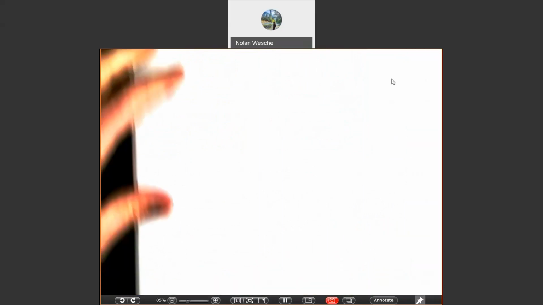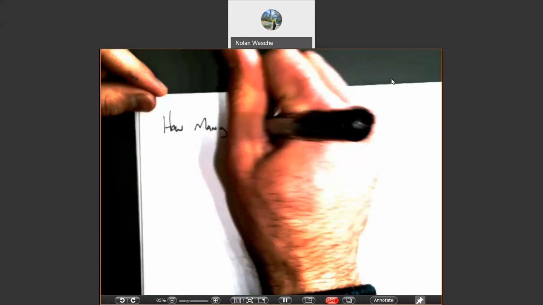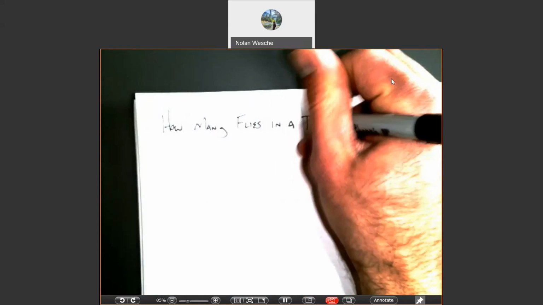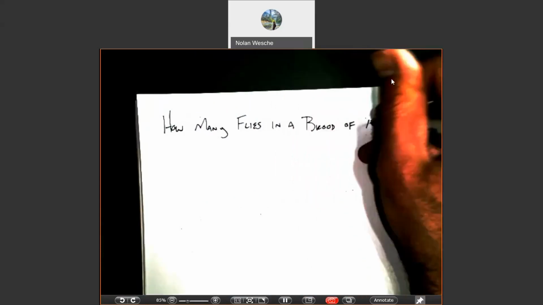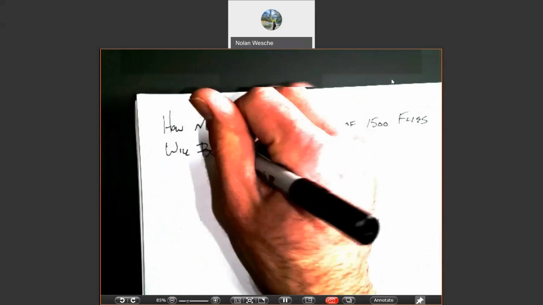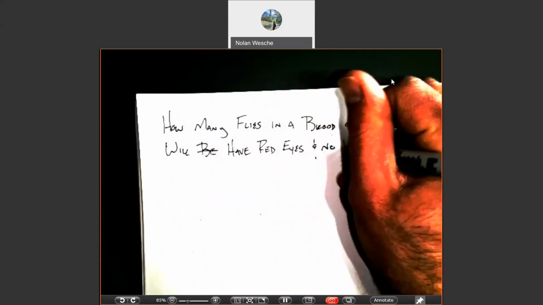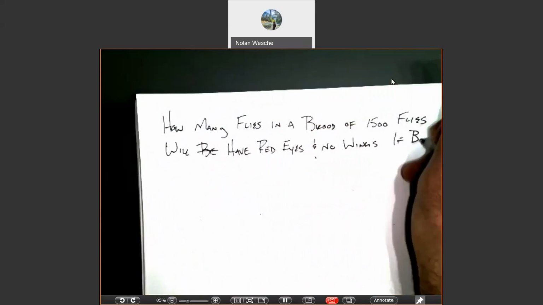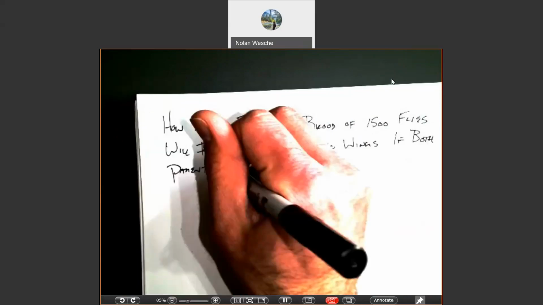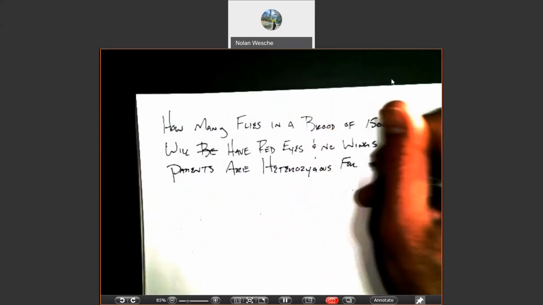Let's say that we had a problem where they said, how many flies in a brood, which is a group of 1,500 flies, will have red eyes and no wings if both parents are heterozygous for both traits?